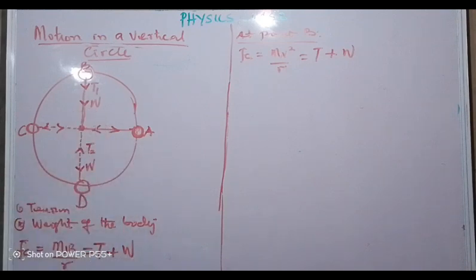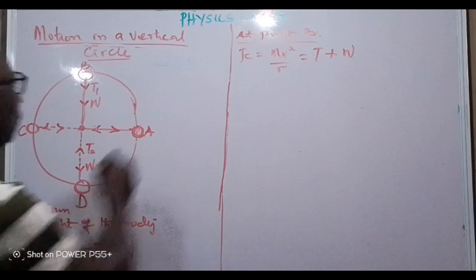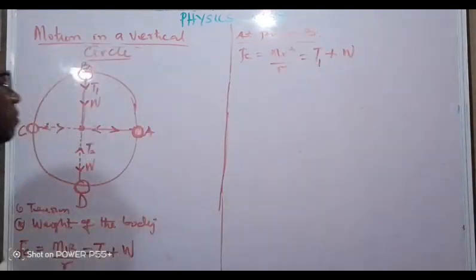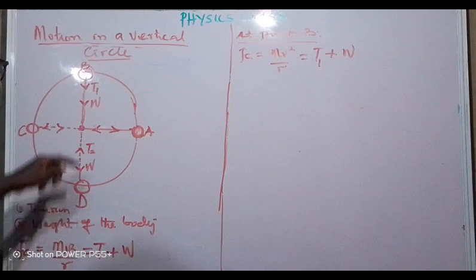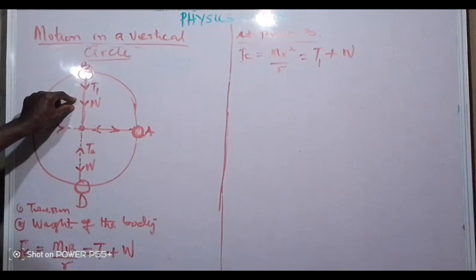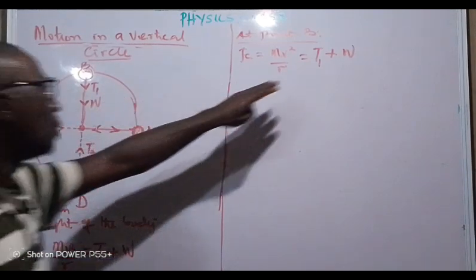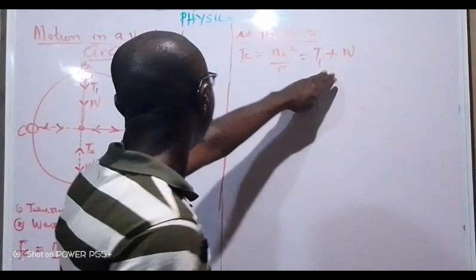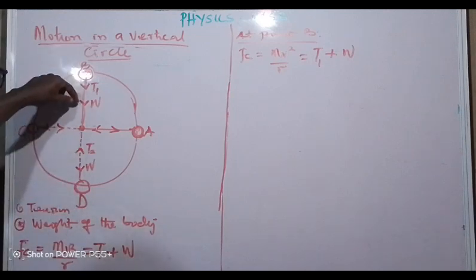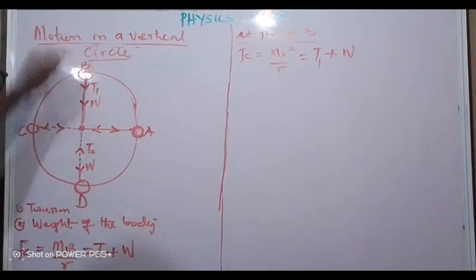So for point B now, since both the tension and the weight face the same direction, they face the same direction. The weight of this object is downward. The tension of this one also is downward.